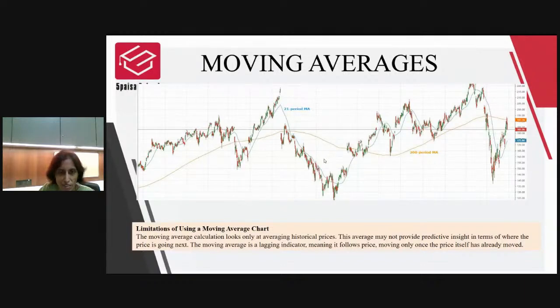The moving average is a lagging indicator, which means it follows the prices and moves only once the price has already moved. The limitation broadly is that since it averages out the historical prices, it is not predictive of which direction the next price will go.